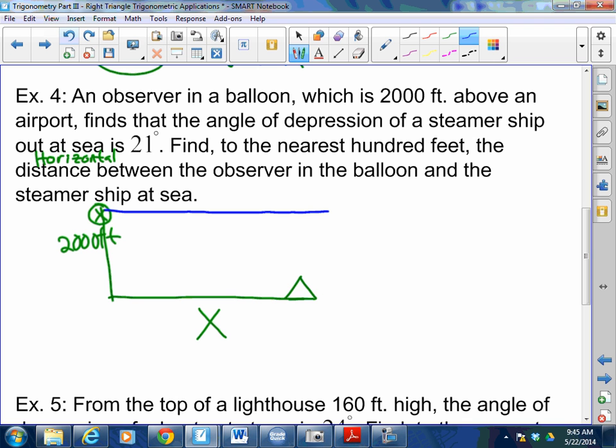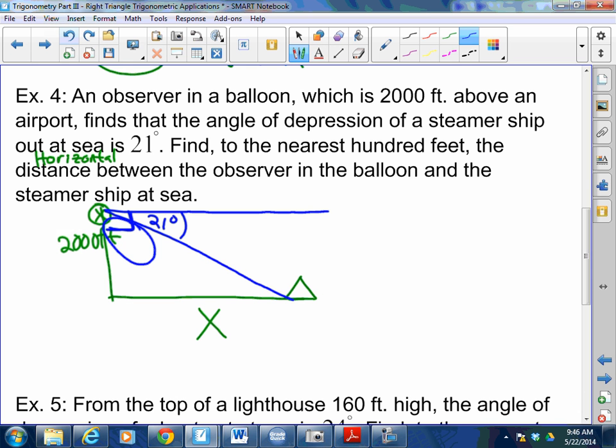So when he or she looks down, this is the 21 degrees, correct? Do you see that? You guys with me there? What's the total degree of this right here?